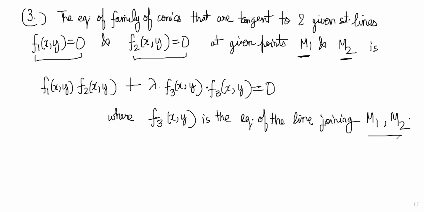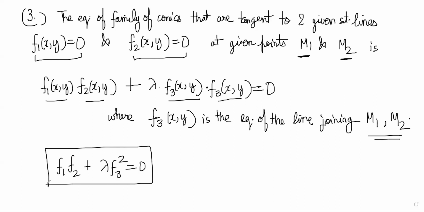This is the equation of the line joining M1, M2, and these are the two lines which are tangent to the conics at the points M1, M2. So this in general, basically f1 f2 plus lambda f3 squared equal to 0, is the equation of conics that are always tangent to two given straight lines at two known points. And f3 is the equation of the line joining the known points, right?